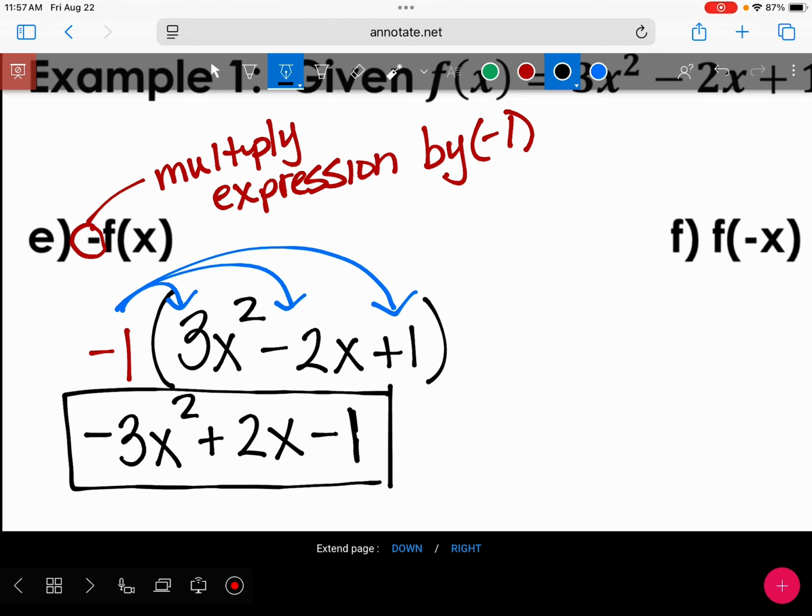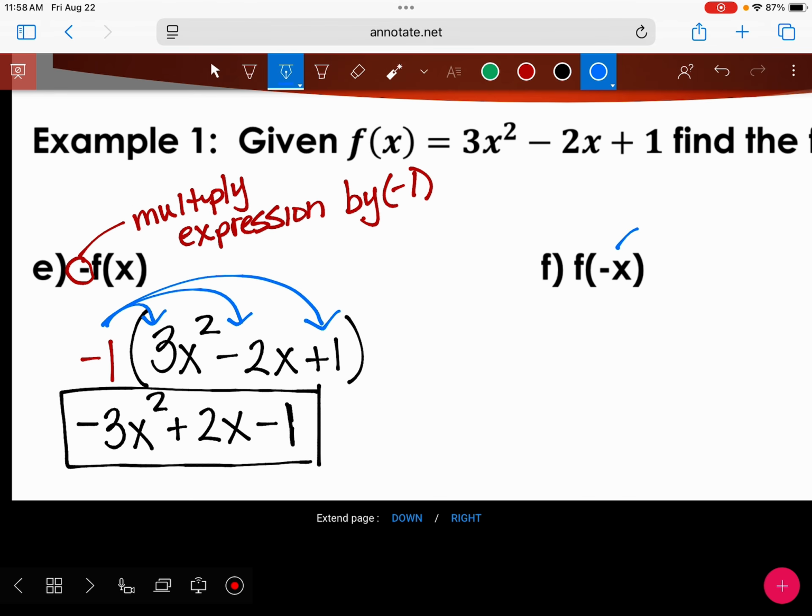But for F, that's different. This is saying replace the x with the negative x and then simplify.